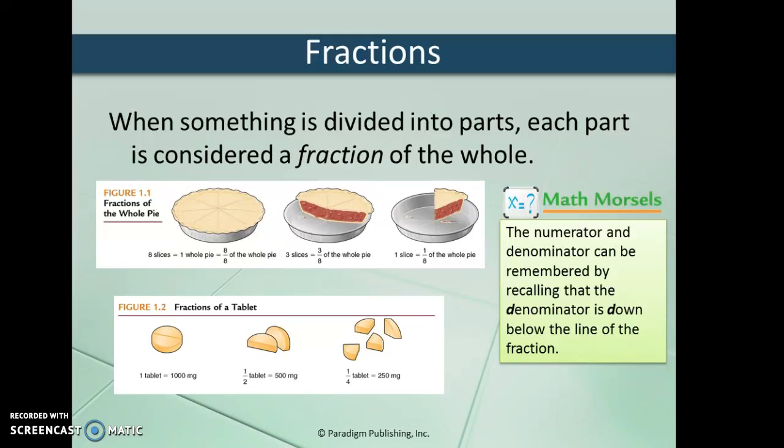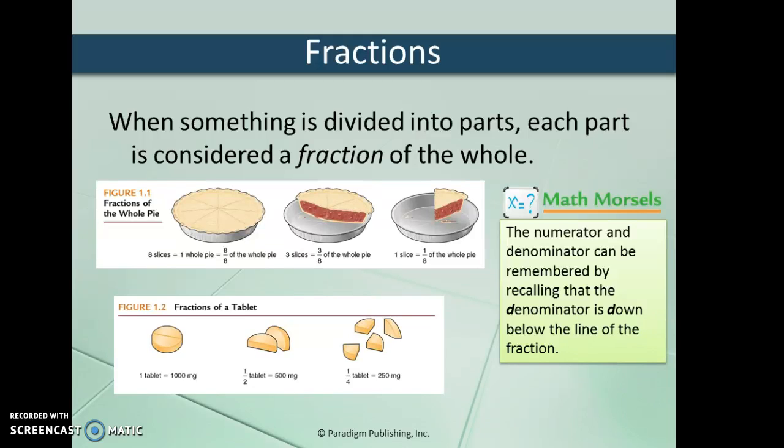If you are left with 1 slice, then you have 1/8 of the whole pie. Fractions have the following parts. The number on the top of the bar is called the numerator, and the number below the bar is called the denominator.